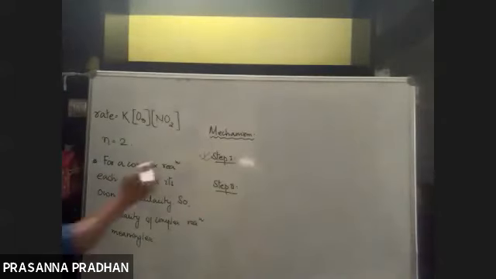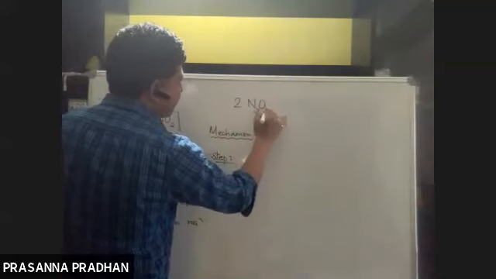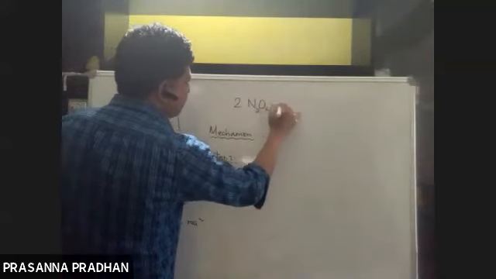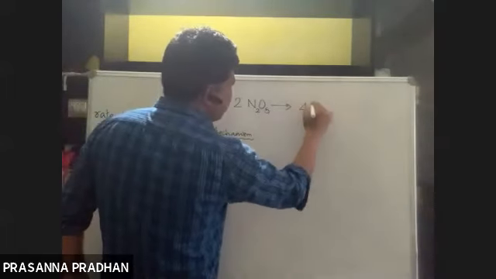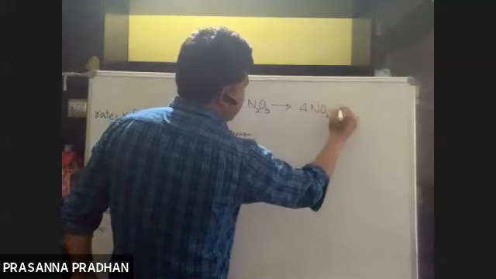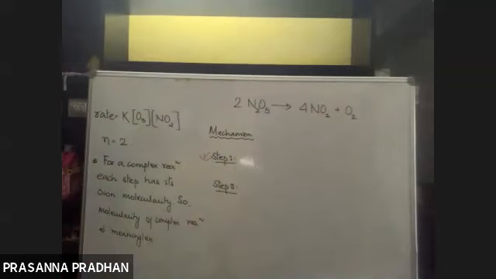Say 2N2O5 gives us 4NO2 plus O2. So again, there are two steps involved.